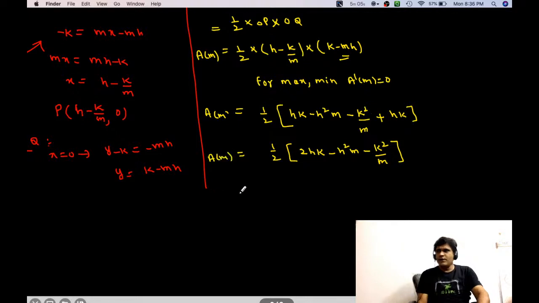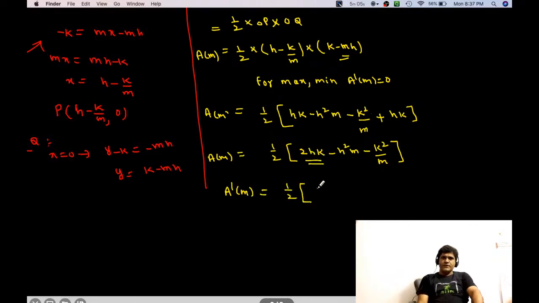Now you differentiate it and find the m values in terms of h comma k. A dash m is equal to 1 by 2 times: the differentiation of 2hk is 0 because h, k are constants. Here h square is constant, therefore h square, the differentiation of m being 1.